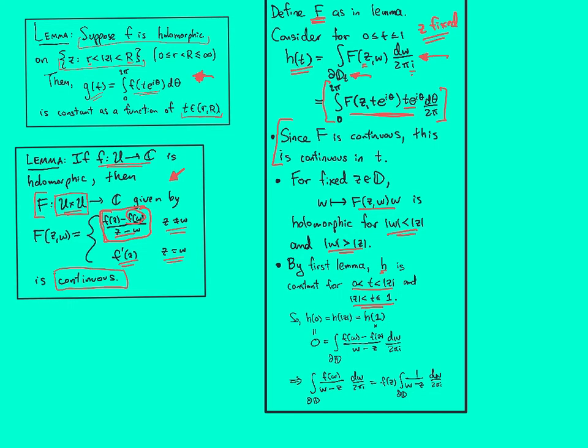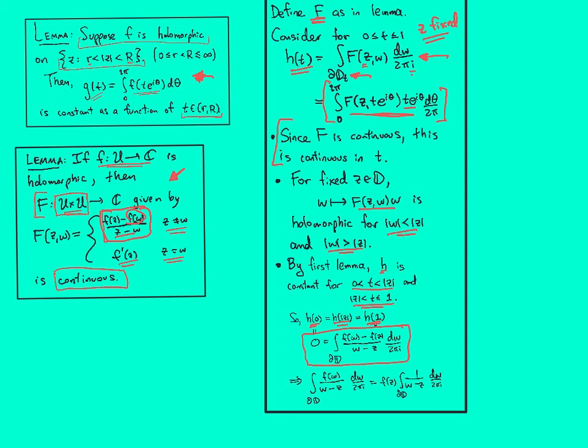Okay, but now we just point out that h is continuous and it's constant on these two intervals right next to each other. So the value at 0, which happens to be 0, just plugging that in, matches the value at modulus of z, which matches the value at 1. And so this is the main effect that we need, since we've reduced to the case where little r is 1 and z naught is 0.